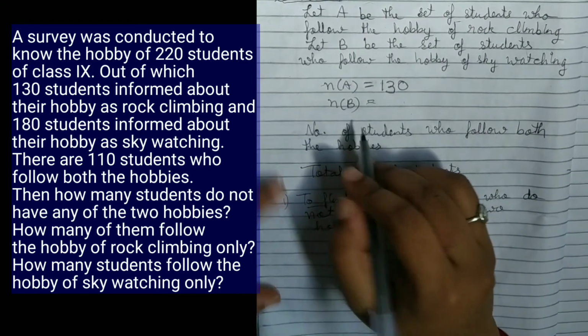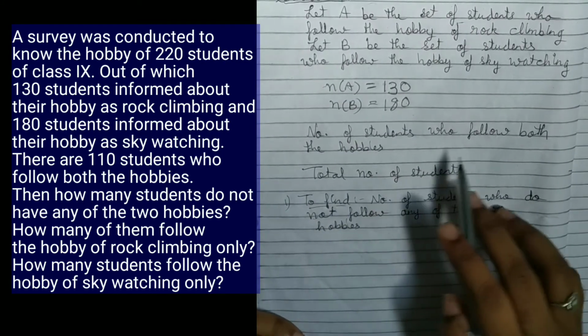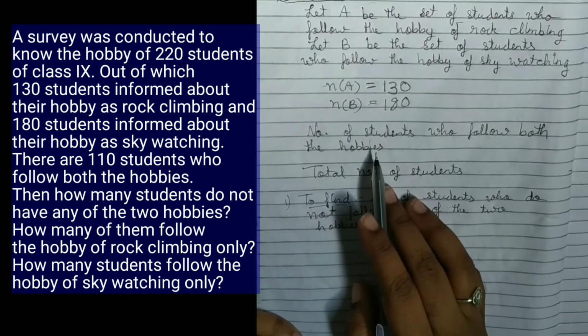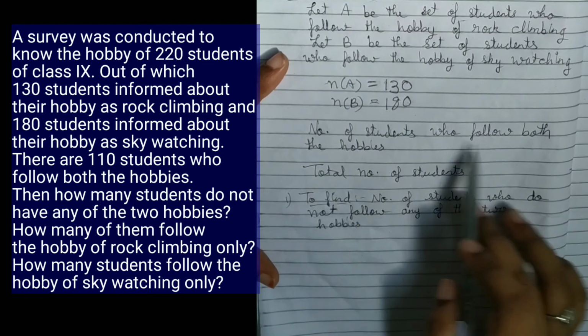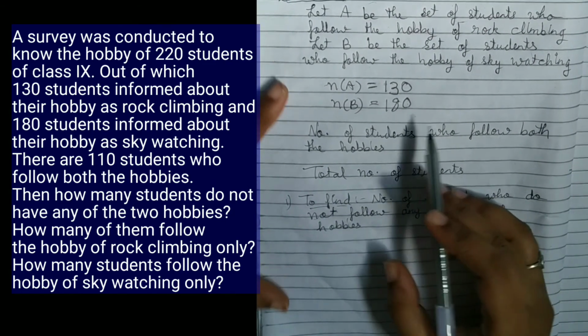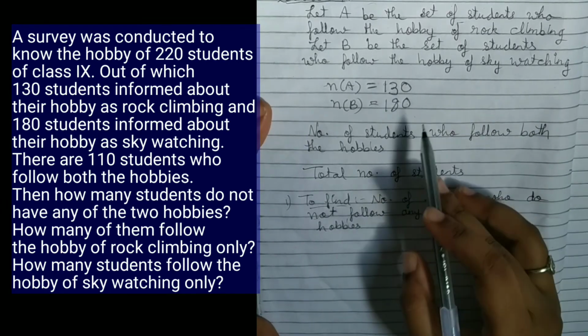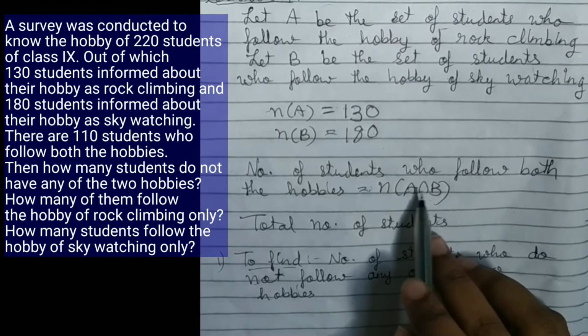Now the number of students who follow both the hobbies means they follow rock climbing also and sky watching also. It is the intersection. We have seen both means and.